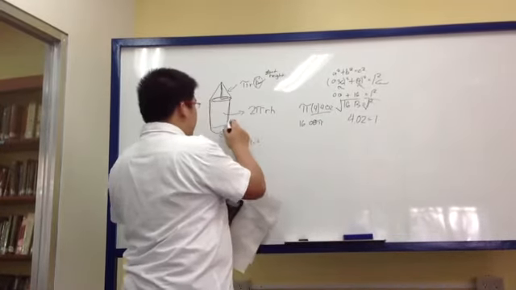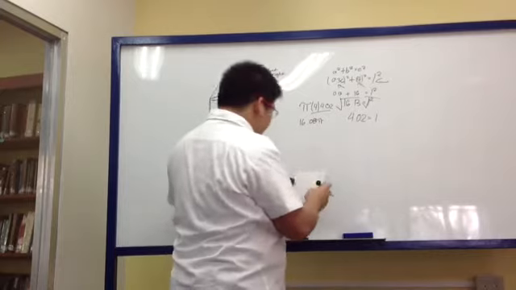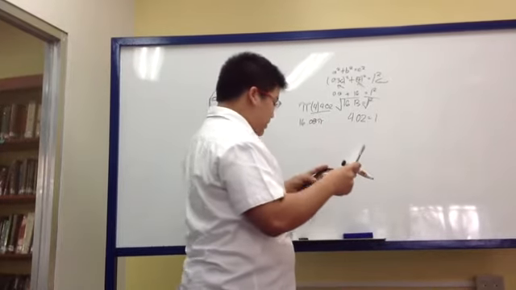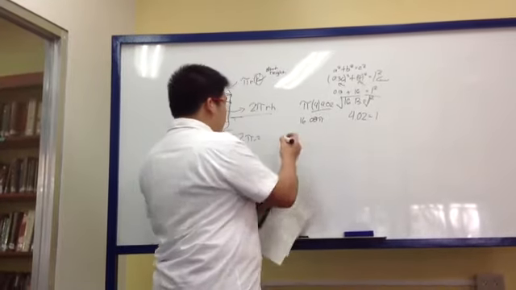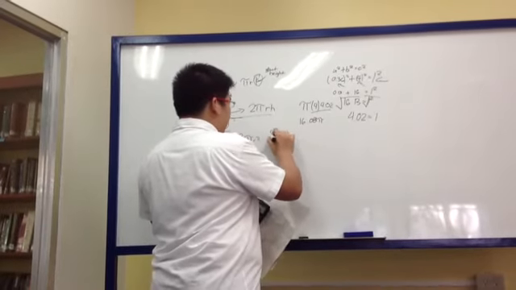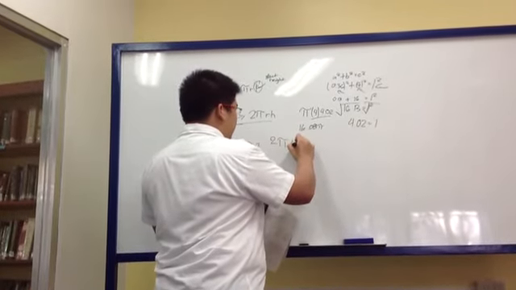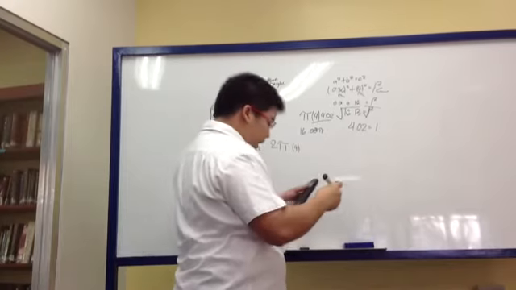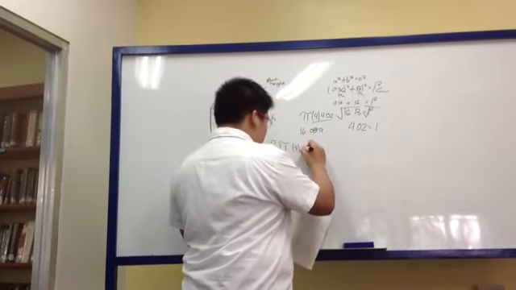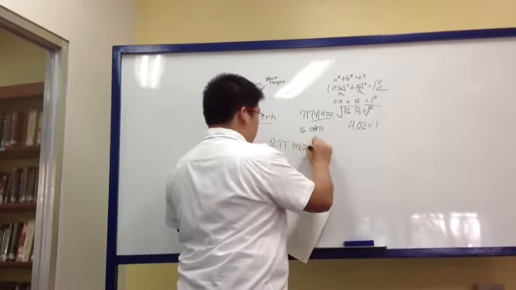For the cylinder, it's going to be easier because we have the height and the radius. So it's going to be 2 pi times the radius, which is 4, and the height, which is 0.54.